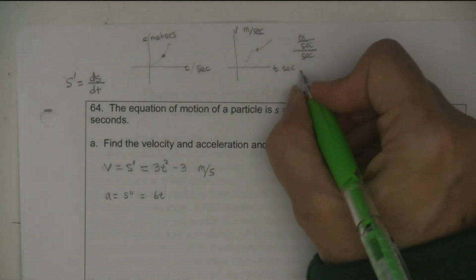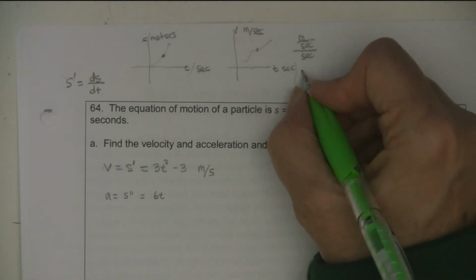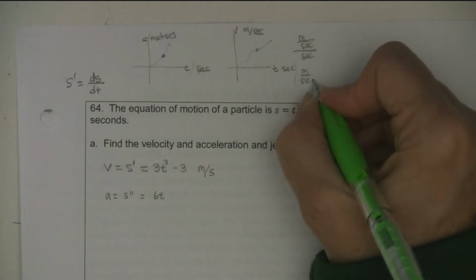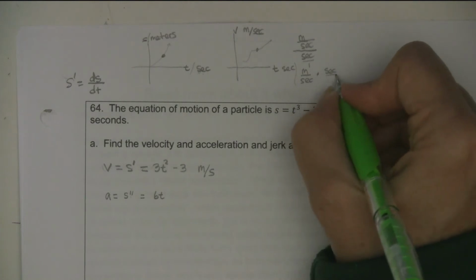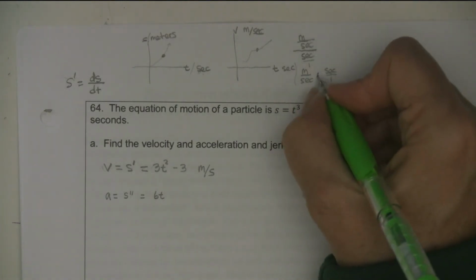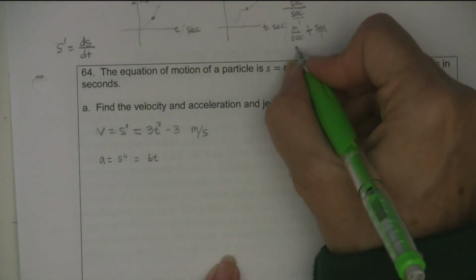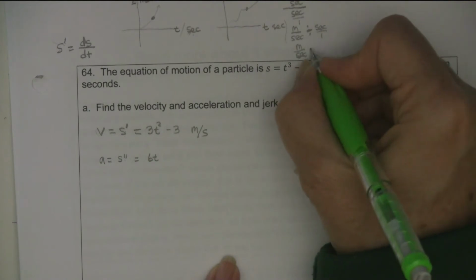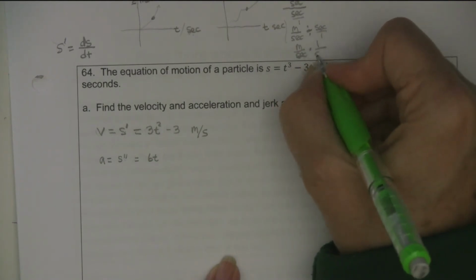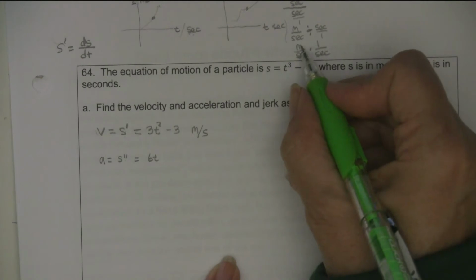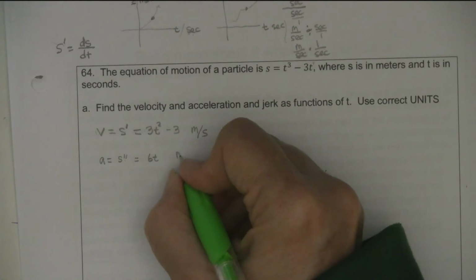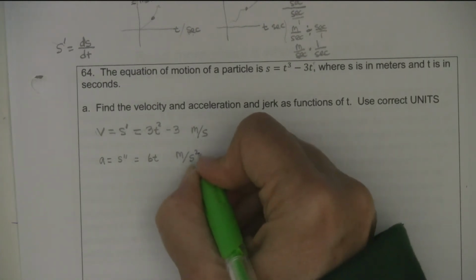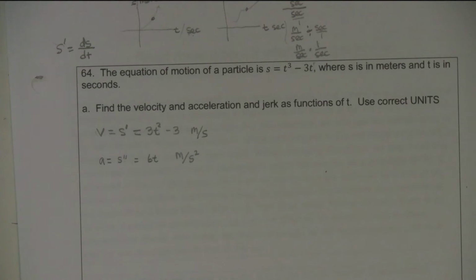I just want to show you mathematically how this turns out. This is meters per second divided by seconds over 1, and dividing, you flip it, so this is times 1 over the seconds. Meters times 1 is meters, and seconds times seconds is seconds squared. So this is meters per second squared.